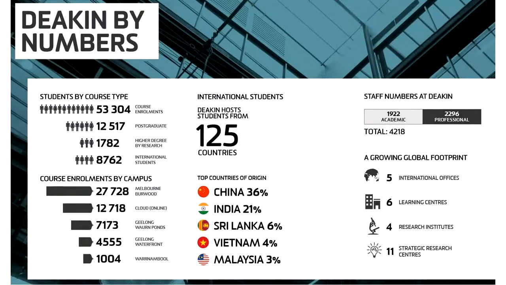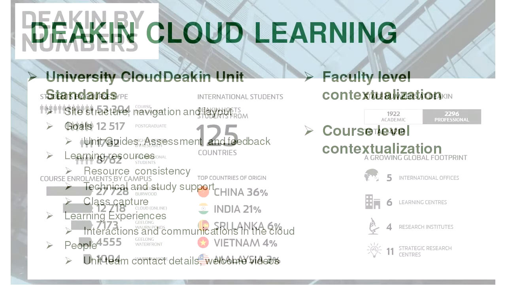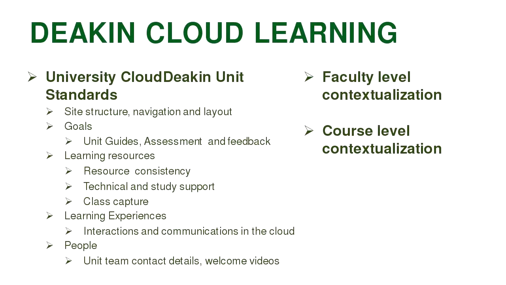So I think Chia's just shared the link to our, I think, one or two page standards at the moment. And like I said, it does focus on our site structure and layout going forward. So it does look at, in terms of the type of goals, in terms of having information that we have there about assessment and feedback and unit guide information.